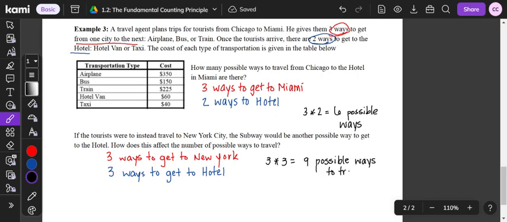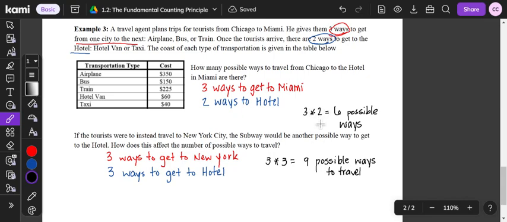Now, I want you guys to be very careful on questions like this. It did not actually ask us how many possible ways to travel are there between Chicago and New York. It asked us how does this affect the number of possible ways to travel, as in compared to the previous problem.